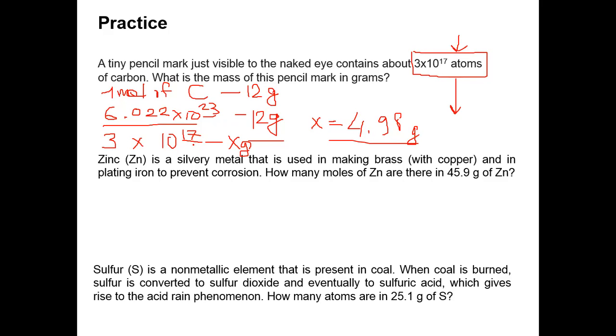So it's basically 1,000 times more than this. 10 to the power 23 over 10 to the power 17 is 10 to the power 6. So it cannot be this much. You got almost 2.5 times less than 1 mole. I don't think that it's the right answer.